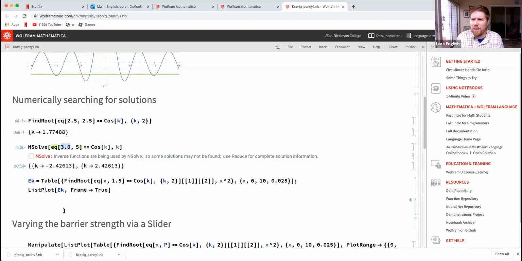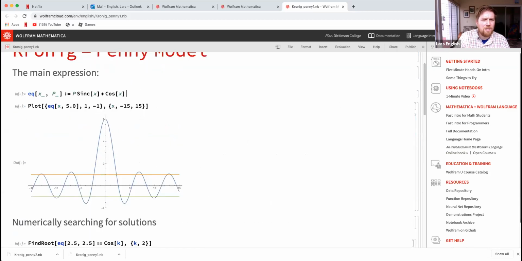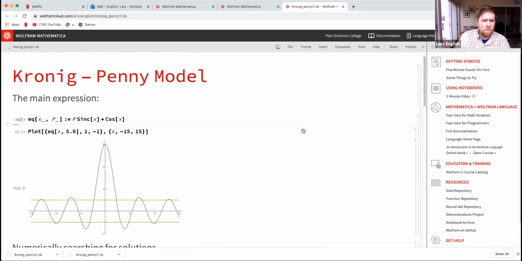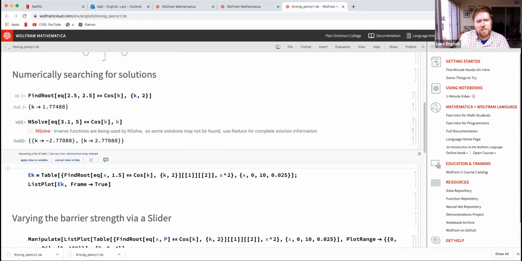I don't want to do that by hand. So what we could do is make this 3.1 here and find another solution. For some reason, it wants me to remind it what EQ is. Okay, let's try that. Yeah, so now there's another solution and so on and so forth.